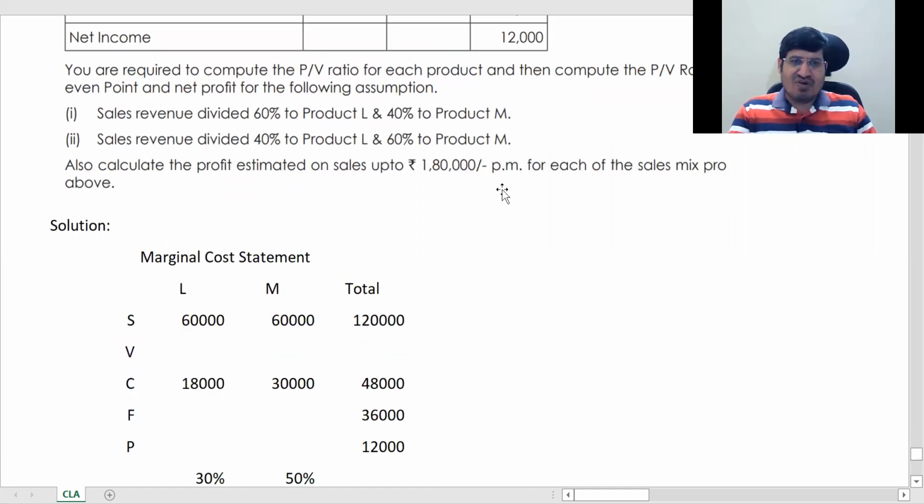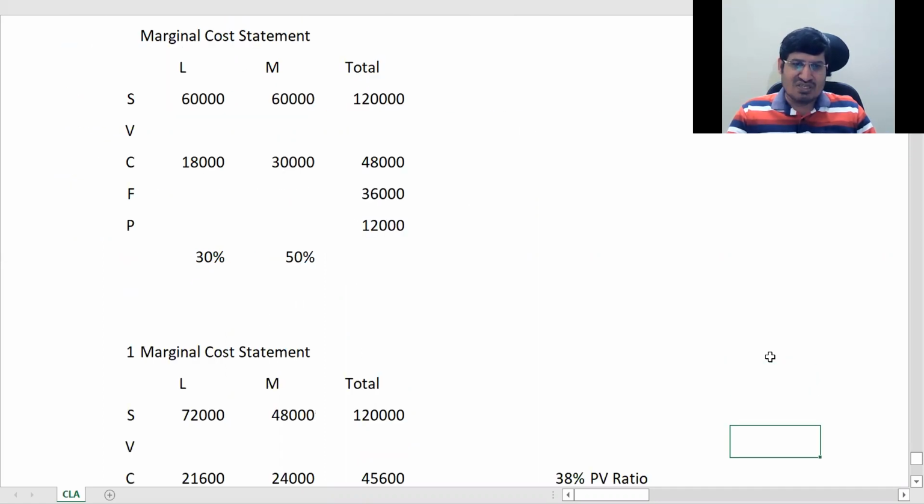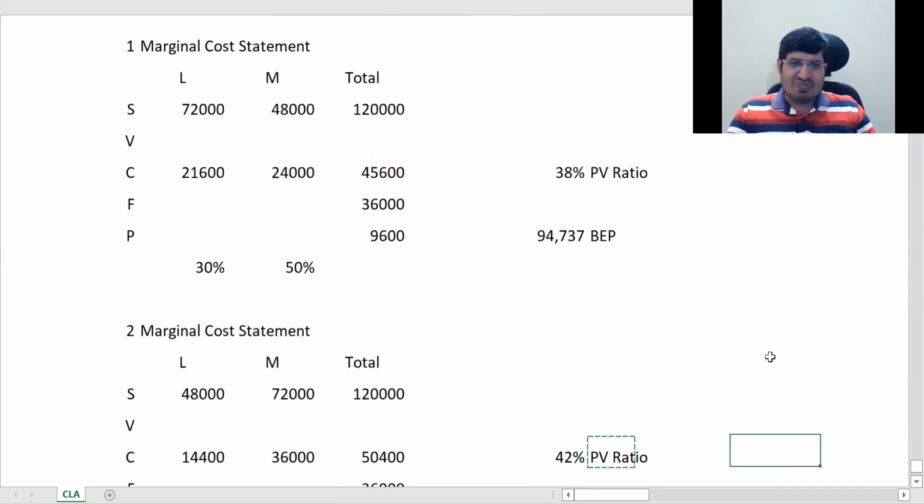Last is also calculate profit estimated on sales up to 1,80,000 per month for each of the sales mix provided above. Just calculate profit, he's saying. If the sales for these two sales mix, here 1 and 2.